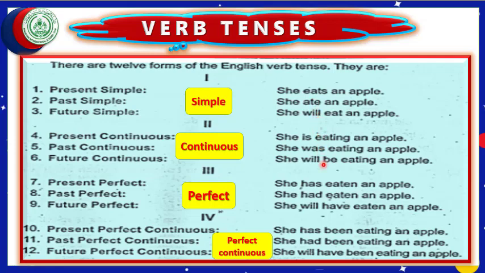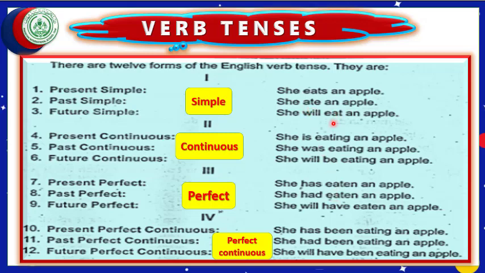Let us move to the perfect aspect. Present perfect becomes has eaten. It was eats, it became is eating, then it becomes has eaten. Ate becomes was eating, and then had eaten.